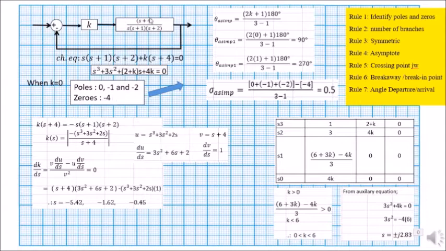While for zeros, we just take the numerator, s plus 4 equal to 0, so s equal to negative 4. This is the zero for the system.